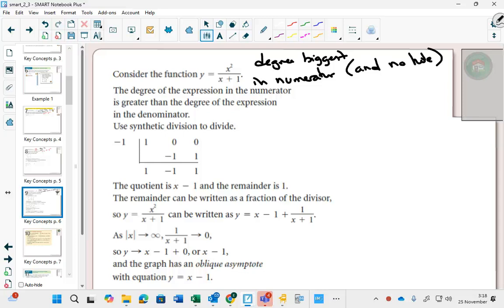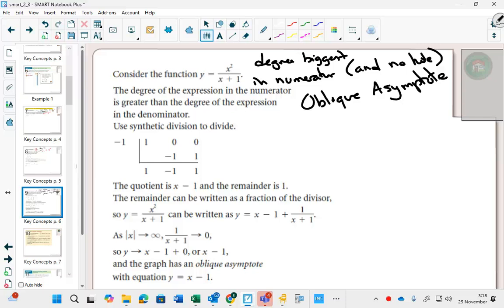Okay? This is where we're going to have an oblique asymptote. And we do need synthetic division to find our oblique asymptote. Okay? And I'll explain why it works.